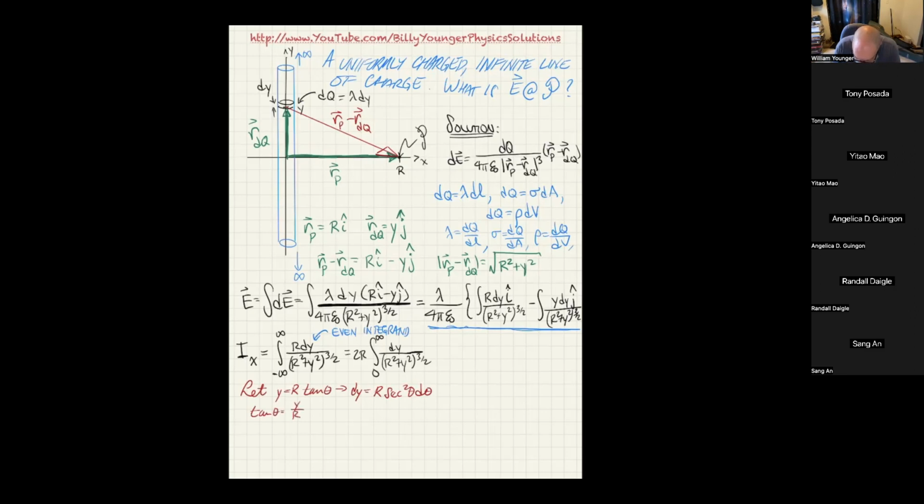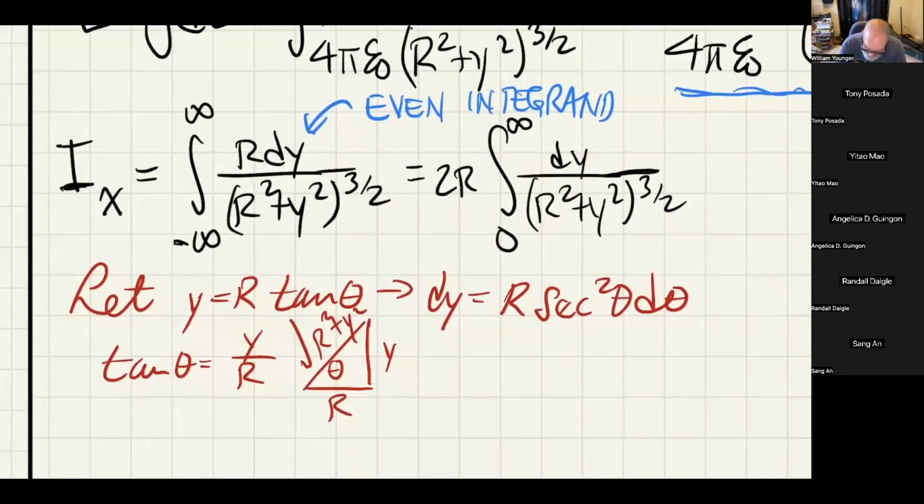So you can make a little triangle and see your theta there, see your y there, see your r there, and then see your square root of r squared plus y squared up here. I'm going to undo that because it's way too small. But basically, you have that little triangle there. And that little triangle allows us to make some sense of the range of integration.